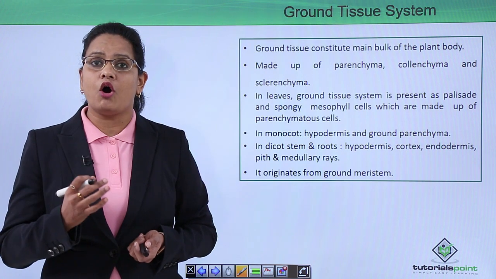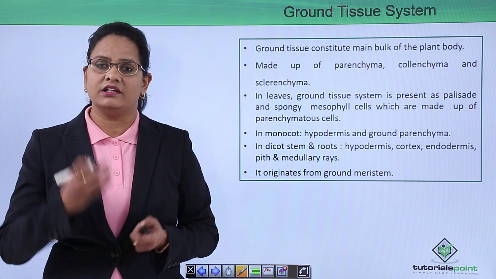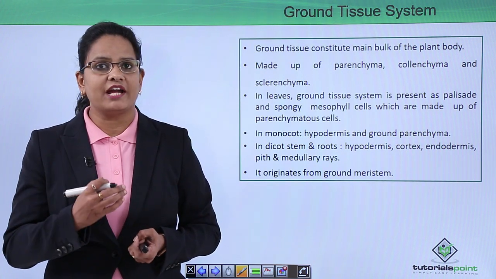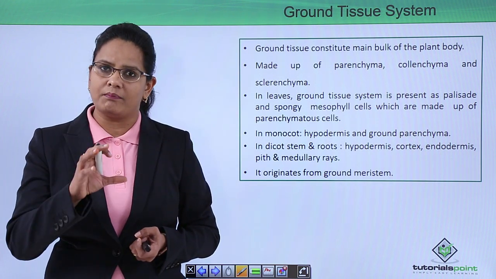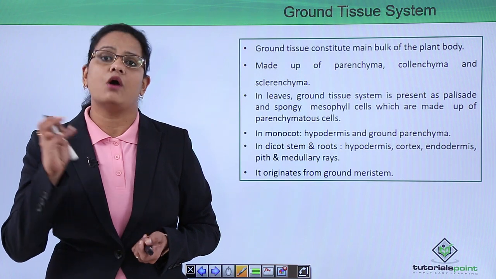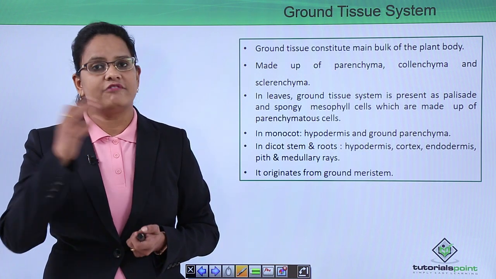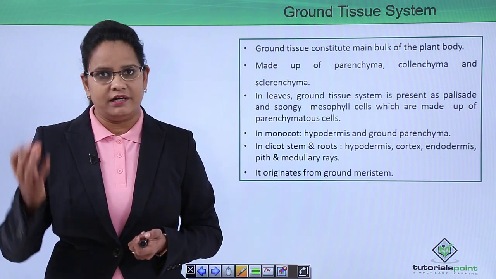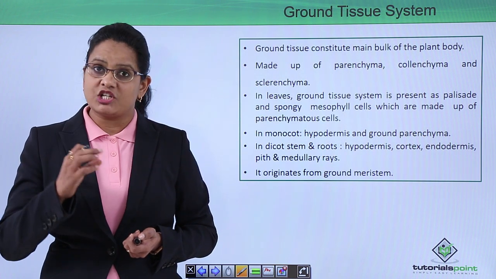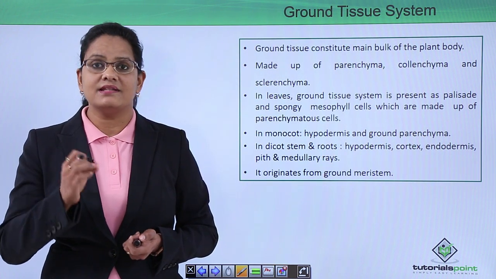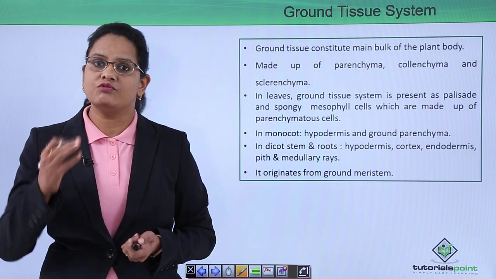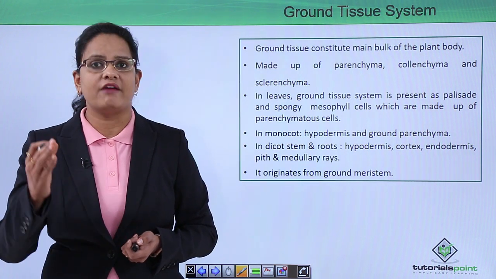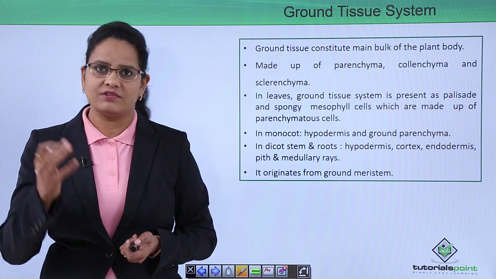All these portions of the dicot stem as well as the dicot root join together and are called ground tissue, right? So, different areas are present in different organs of the plant. We shall be discussing these areas in brief here, but in future videos we will talk individually about the stem, the root as well as the leaf.